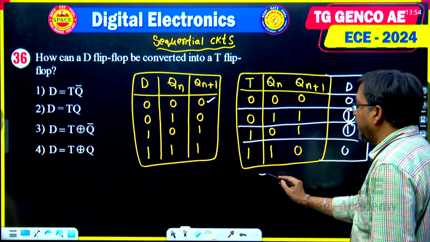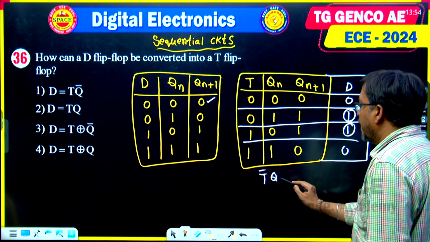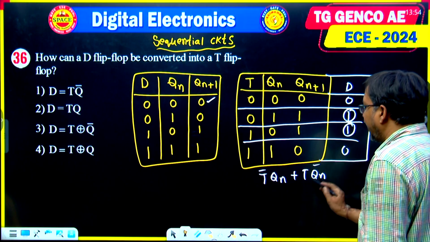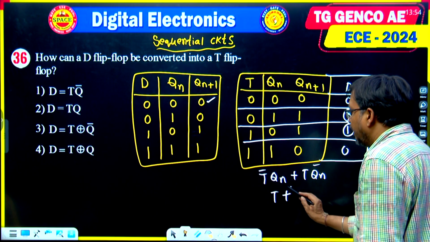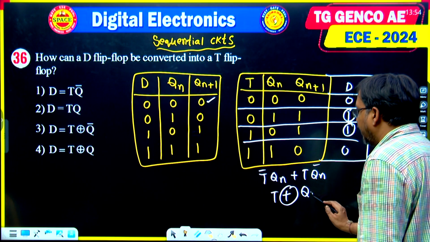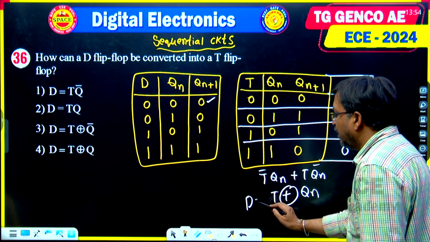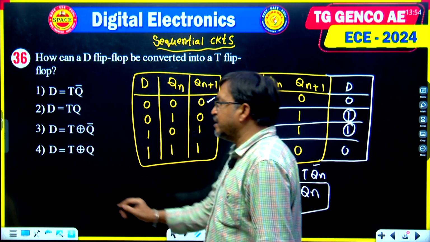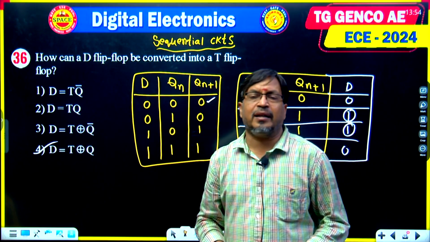From this, T bar Qn plus T Qn bar, that is an XOR gate. So I am writing D equals T XOR Qn. What is the answer? T XOR Qn. Hence option 4 is the correct answer.